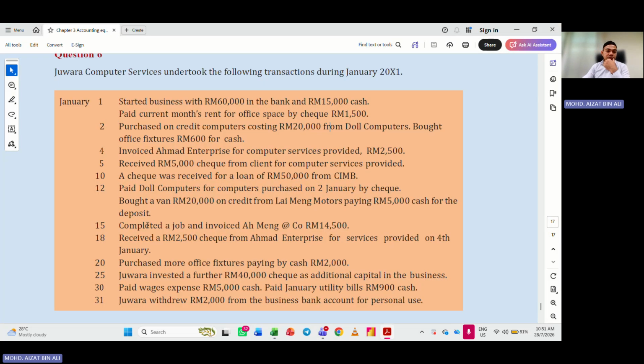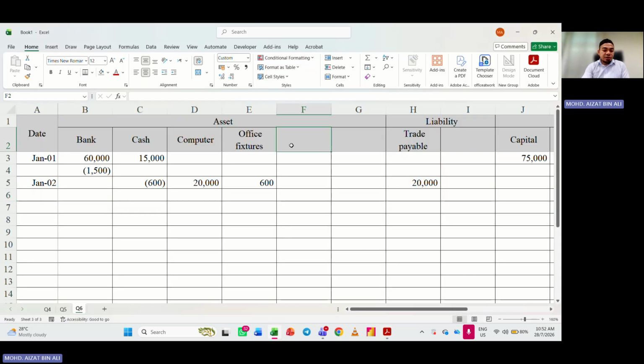Okay, next. January 4th, invoice Ahmad Enterprise for computer services provided. So we perform service and Ahmad Enterprise haven't paid for it yet. So Ahmad Enterprise becomes our trade receivable. Trade receivable increases, revenue increases. So let's open trade receivable account.